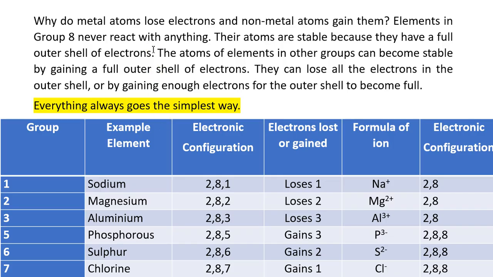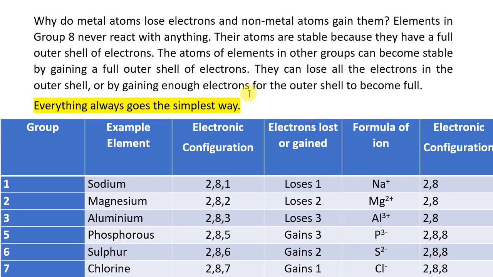Now, why do metal atoms lose electrons and non-metal atoms gain them? Well, we know that elements in group 8 don't react with anything. They have a full outer shell of electrons, they're stable. Atoms of other elements in other groups become stable by getting that full outer shell. Atoms can either lose electrons or gain them, either losing all the electrons in the outer shell or gaining enough electrons to fill that shell.